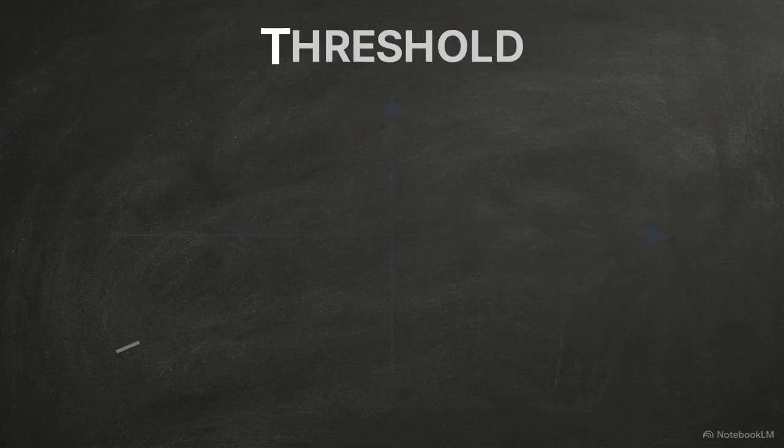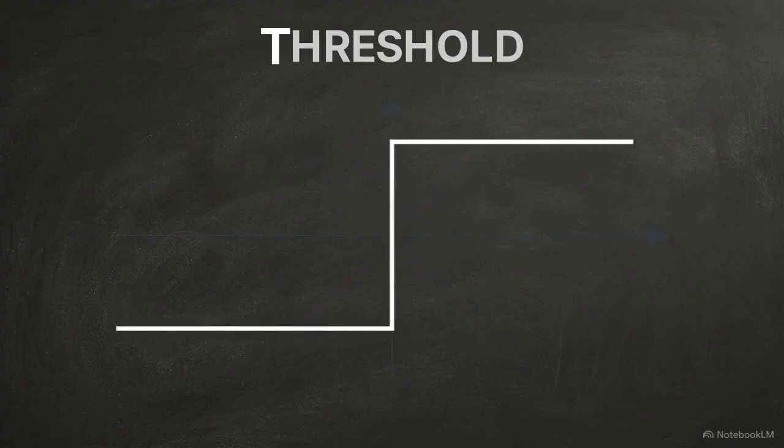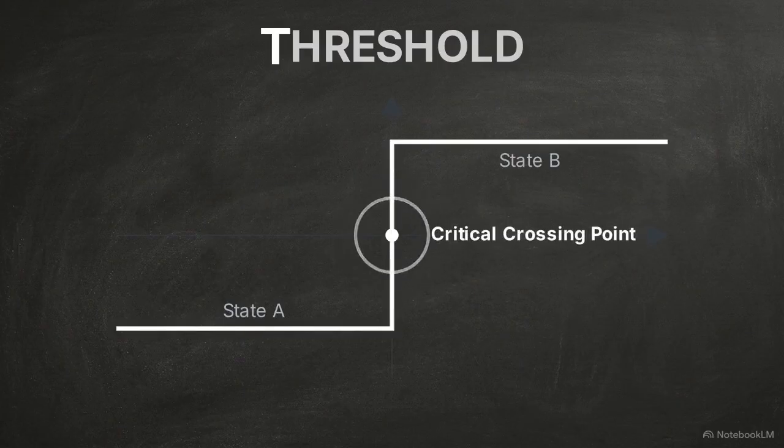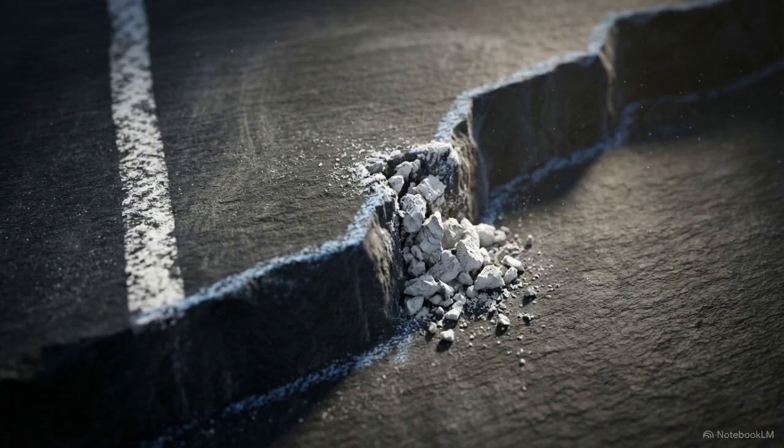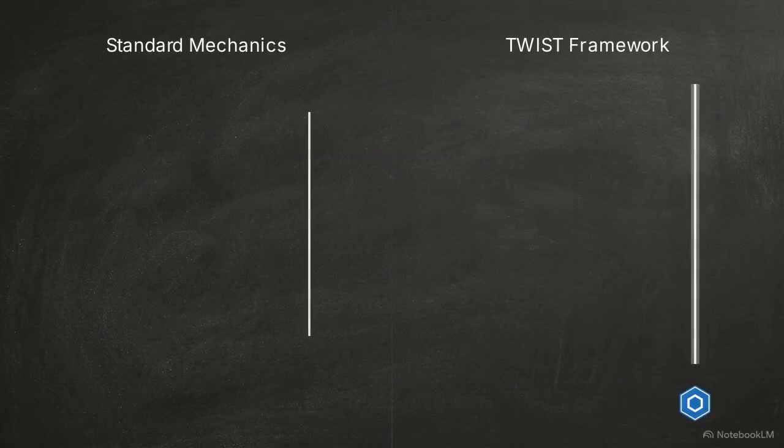The T represents threshold. This identifies a specific critical crossing point, distinguishing it from a continuous, smooth gradient. Physics manifests these thresholds. The lambda equals 0.22 capture feature and the nuclear Coulomb barrier operate as dividing lines. This illustrates waveform. Left, standard mechanics features a singular point mass bouncing off a barrier.